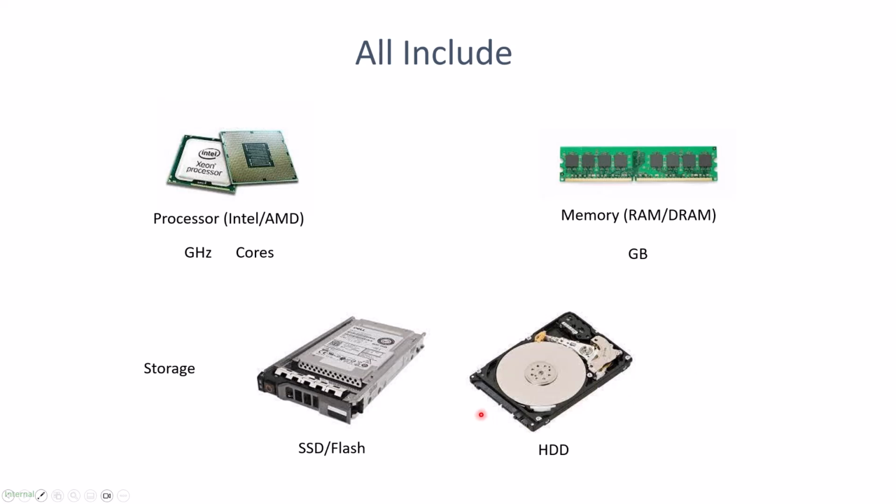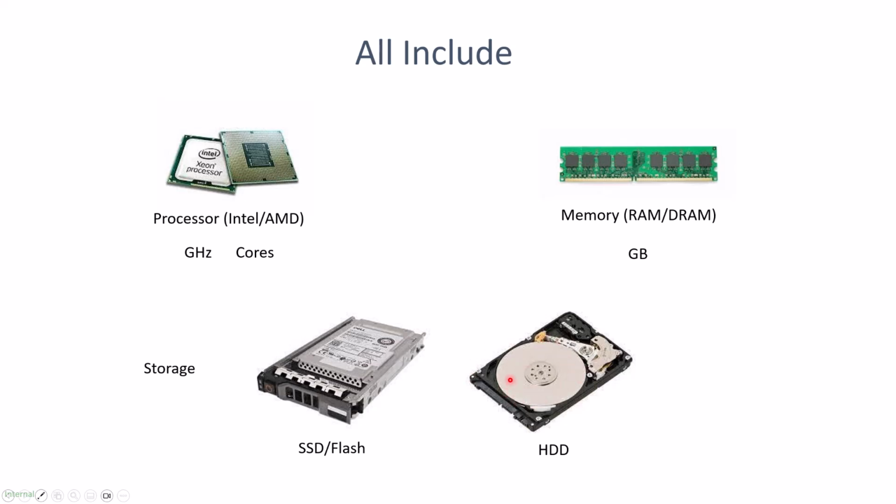The next storage media that came along was hard disk drives. Very similar in music terms to CDs. You've got a disk and the data is encoded magnetically onto that disk.